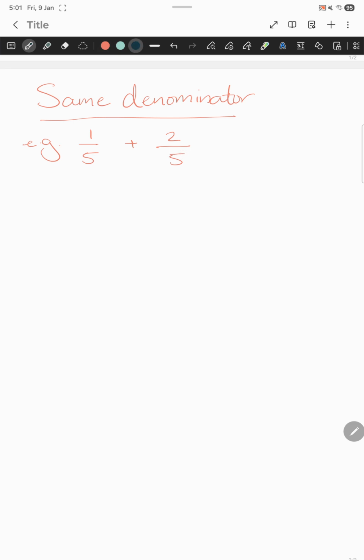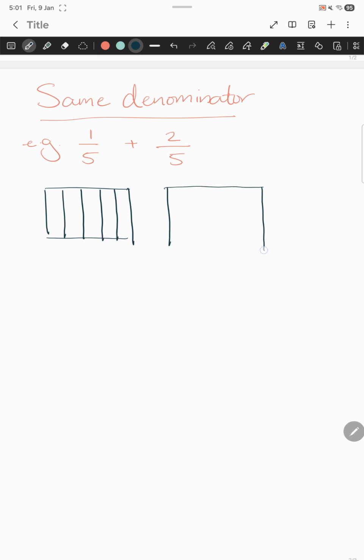So let's say here is our box, 1, 2, 3, 4, 5, and here is another box, 1, 2, 3, 4, 5. We'll divide them both into fifths. This one we will have 1/5 shaded.